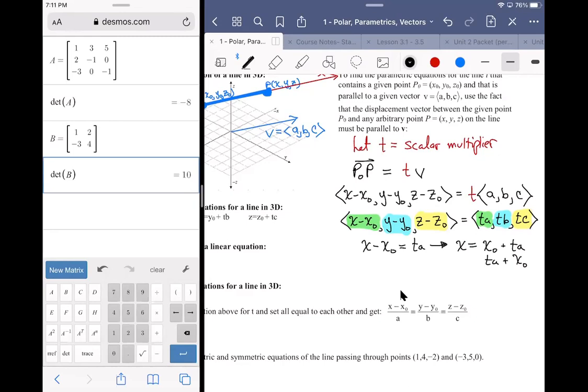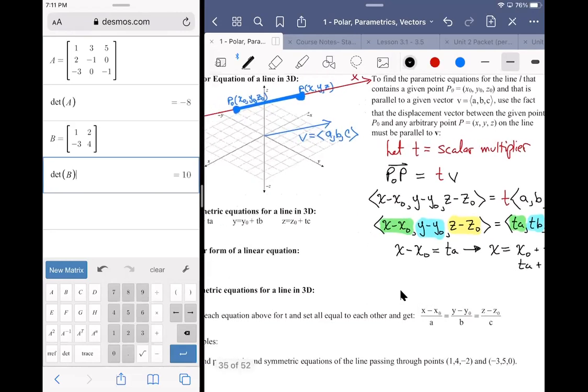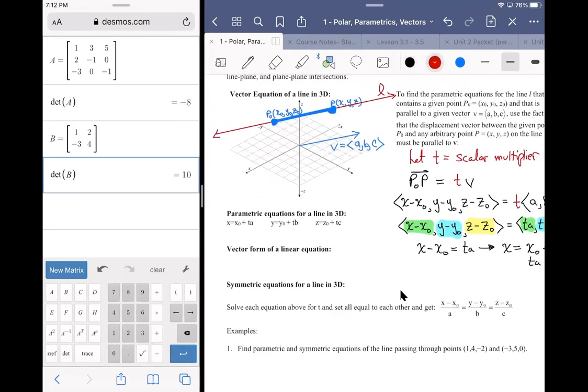So if I tell you that I'm starting a new job, I'm going to make $50,000 a year, and they're going to give me a $10,000 signing bonus, I'm going to take my $10,000, I'm starting off with that, then add to that $50,000 multiplied by the number of years, right? So what I'm starting with, and then the variable quantities after that. So that's kind of the school of thought that leads to this set of parametrics to give us the equation of a line. This one right here.